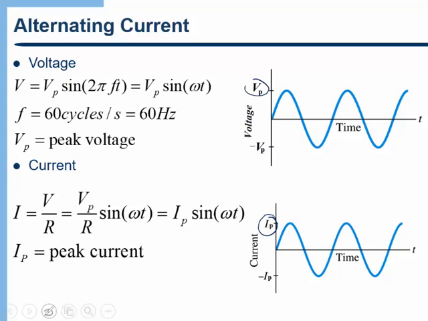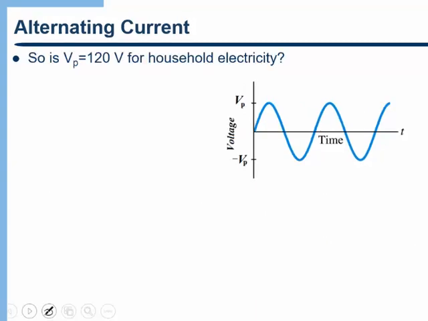All right, so we want to look at this in a little bit more detail. Specifically, based on what we've seen so far, do you think that the peak voltage is 120 volts? Because in everyday speech, when we talk about the voltage coming out of a wall outlet, we say it's a 120 volt outlet. Well, it turns out that what's actually coming out of the wall outlet is a peak voltage of 170 volts.